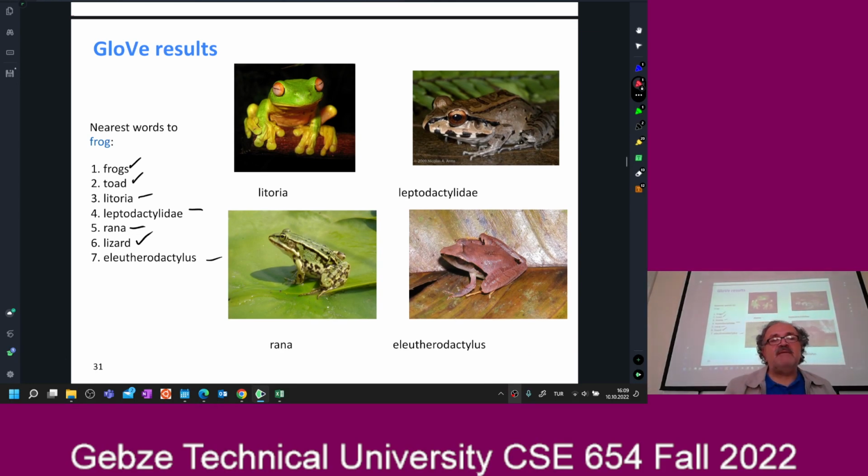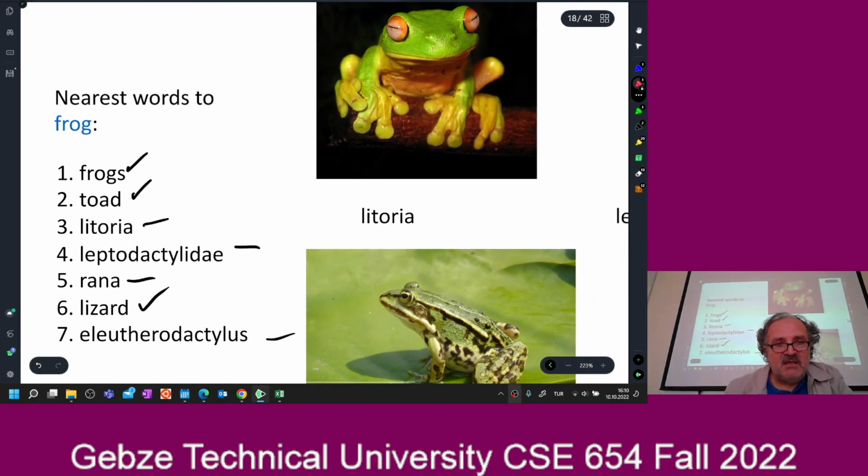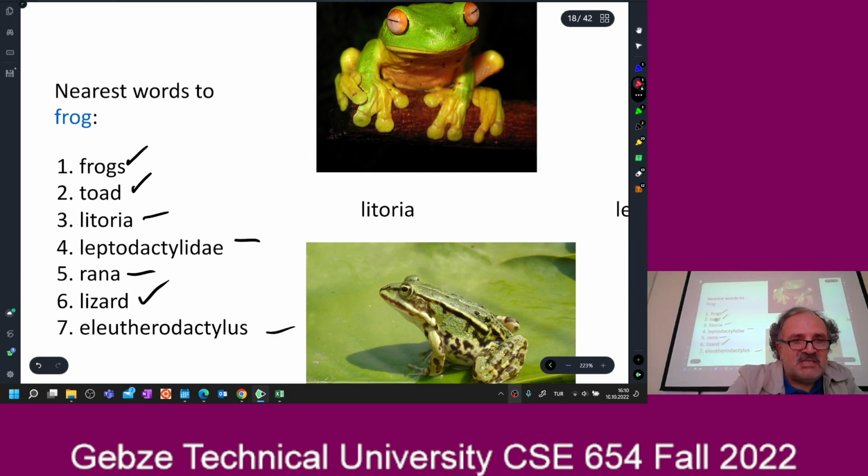And some of the results for GloVe. You say that, okay, I am going to give you lots of sentences about biology and etc. Find me the similar words to frog. As a human being, and English is not my native language, but I know frogs is similar to frog, toad is similar to frog, but I don't know this one.